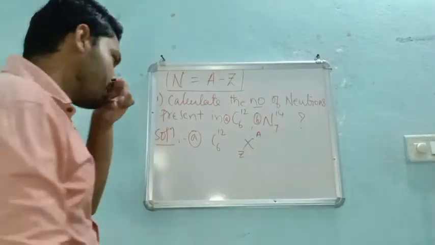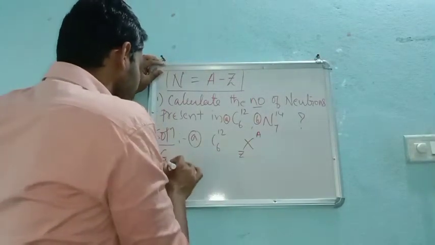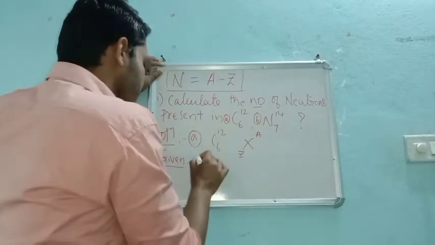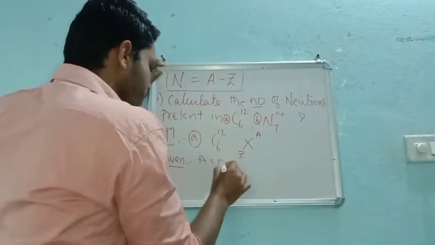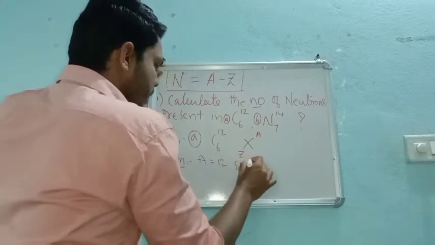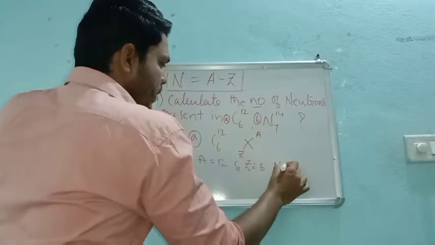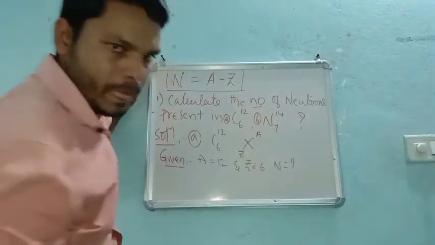Right? Simple. Given. So A value is directly 12, and Z is 6. What we need to calculate? We need to calculate the N value, right?